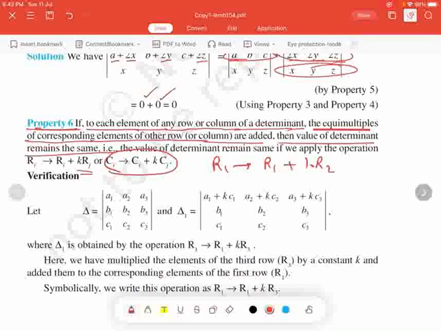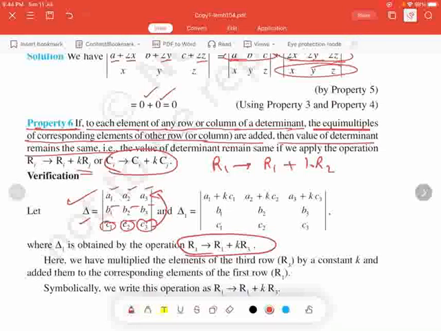So here we have delta and A1, A2, A3, B1, B2, B3 and C1, C2, C3. We are adding R1 plus K times R3. We have to add K times R3 in R1. So R3 remains unchanged.